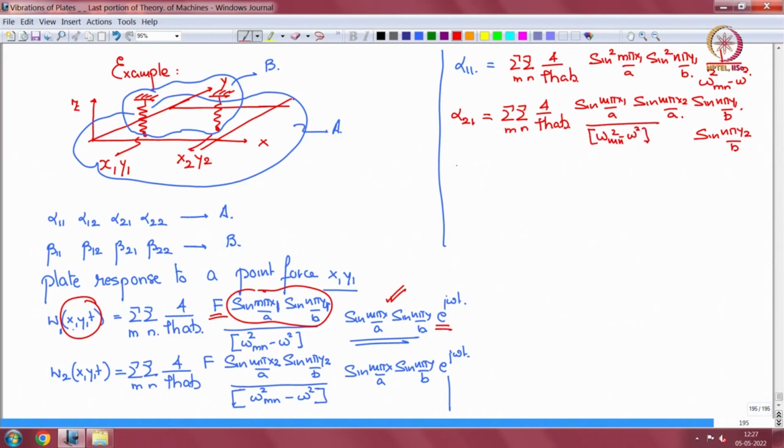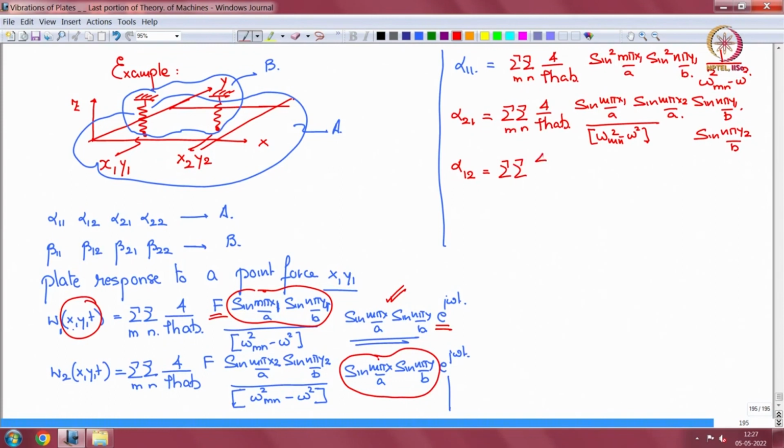Okay, what is alpha 12? Response is at 1 due to force at 2. Okay, so here this becomes x1 y1, but that looks like alpha 21.